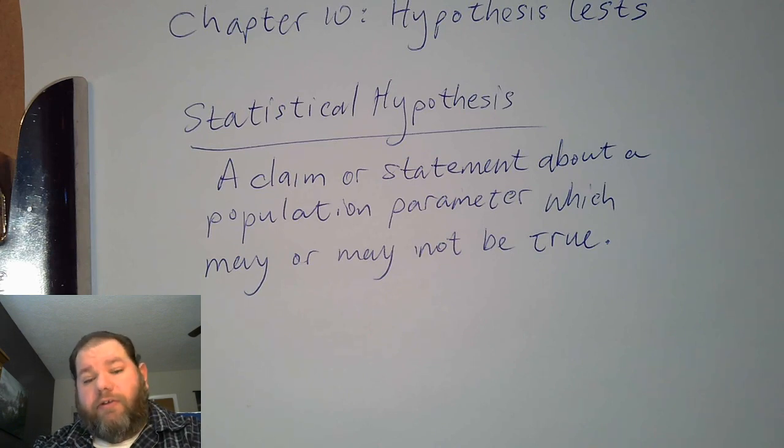The way that the IQ scale is measured. We understand that the average lifespan of Americans is like 78 or 80, something like that. Things like that.